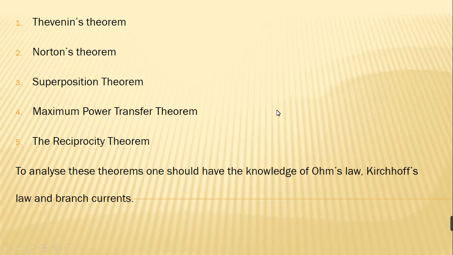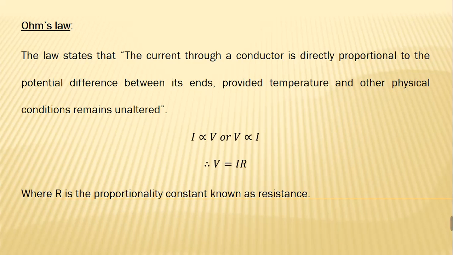Okay, so first let us try to recollect the basic laws we have already learnt in the PU classes. Ohm's law states that the current through a conductor is directly proportional to the potential difference between its ends, provided temperature and other physical conditions remain unaltered.